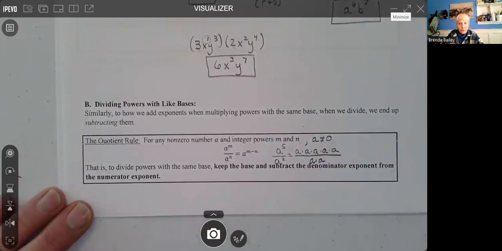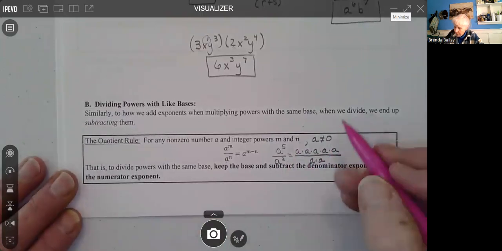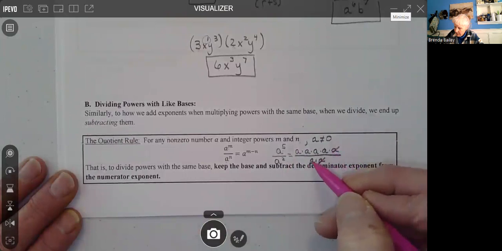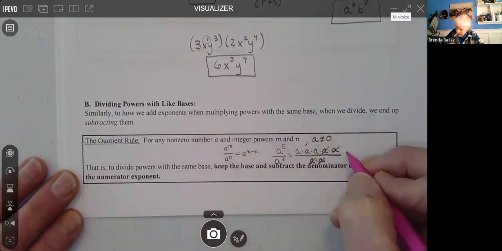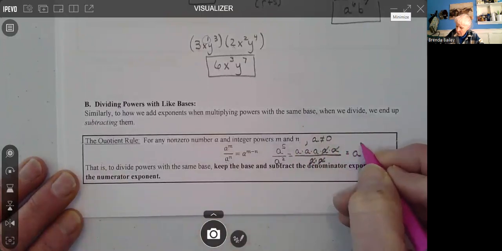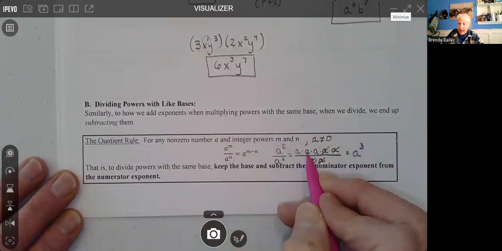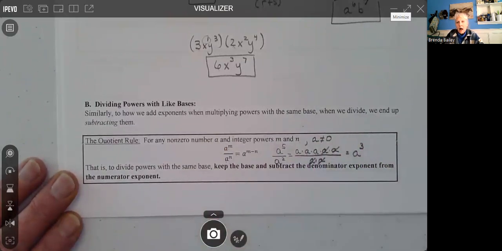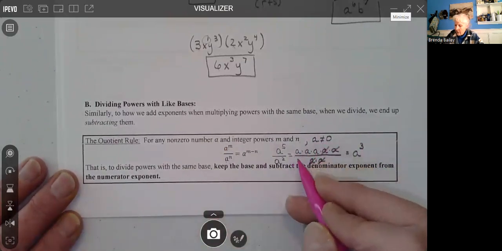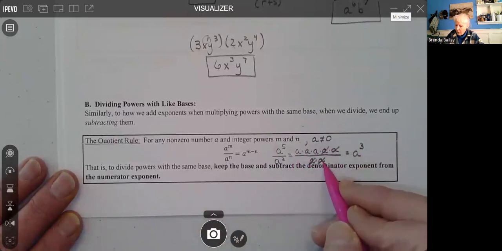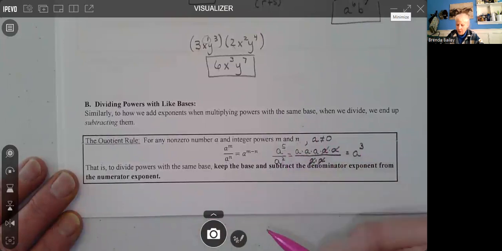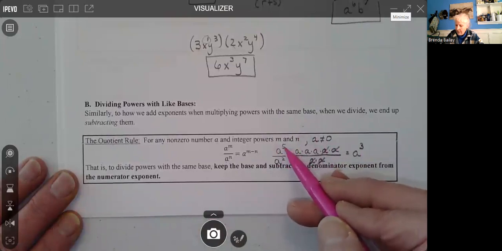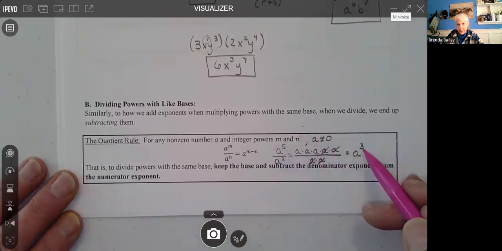Now, going back to fractions, I know that these will cancel here and here. And so you're left with a cubed, because you have 3 of these a's left. Instead of writing this out expanded, you can go back to the exponential form and subtract your exponents. 5 minus 2 is 3.